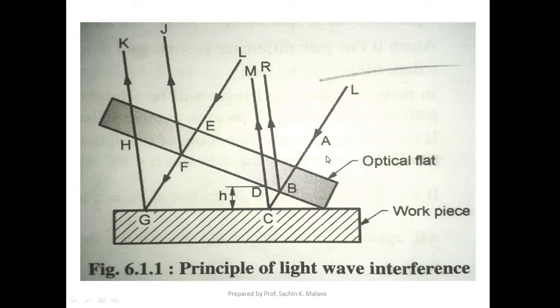So the incident light is divided into two parts: one part is reflected from B, and another part is reflected from point C.